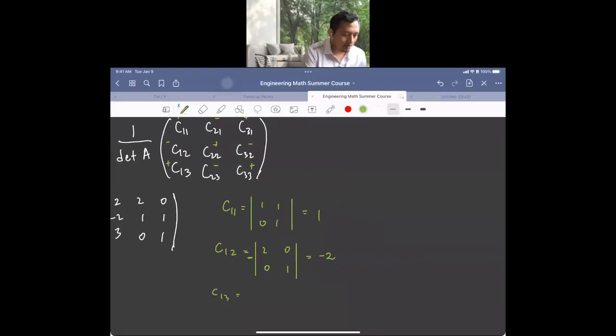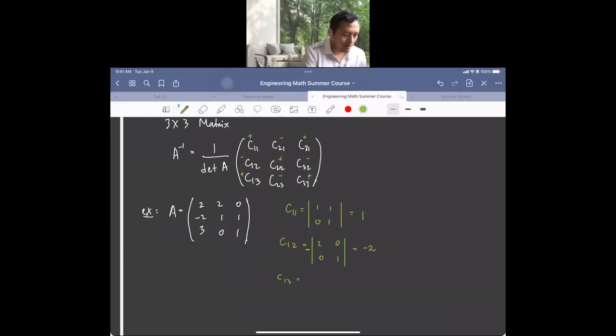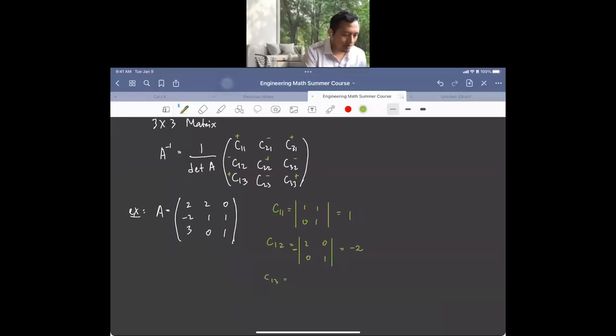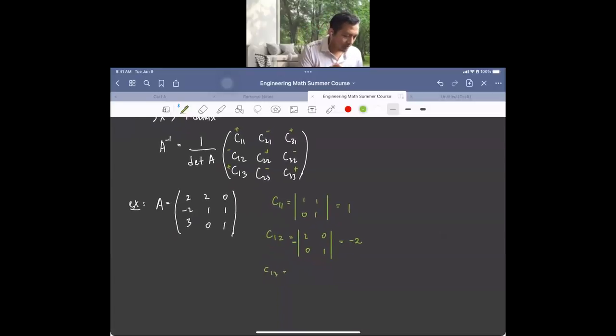And then C13 is 2 0 1 1. So it's also 2.